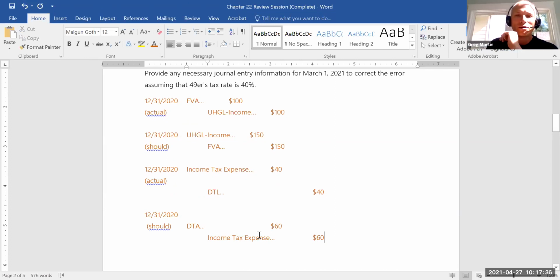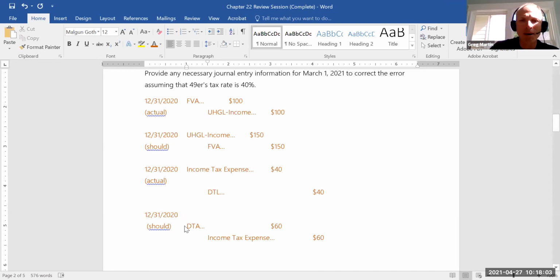All right. But what should they have done? Well, it should have been a case where, again, Internal Revenue Code, US GAAP, all of a sudden the value in that asset dropped. So the US GAAP book value is less than the Internal Revenue Code. So that's actually a deferred tax asset. And again, you take the income effect and you multiply it by the tax rate, and that tax rate is 40%. And so the tax effect is $60.